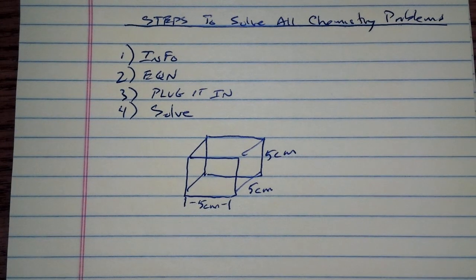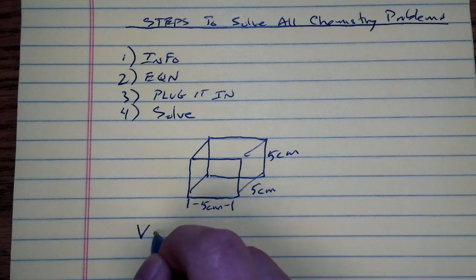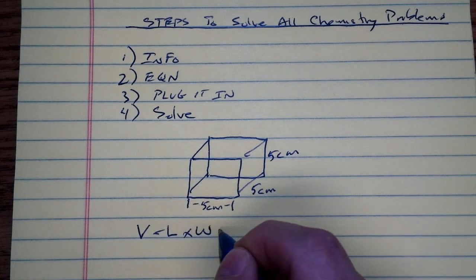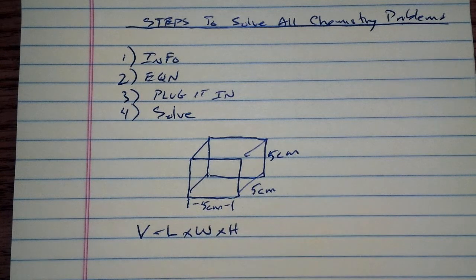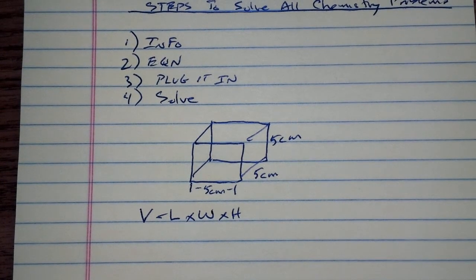Okay, so in a density problem, the cube is going to be what gets you the volume. Now, if you remember back from earlier math about the volume of a brick or a cube or whatever it is, volume is equal to length times width times height. So this is going to be like an extra step in our problems, which we can put under the first step.